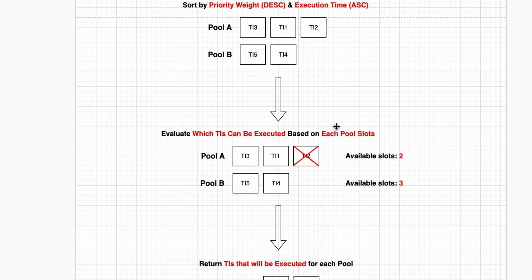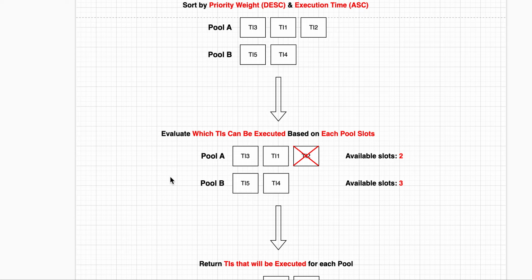After the sorting process, Airflow will evaluate which task instances can be executed on each pool. Note that each pool has its own available slots. This example shows that on pool A, task instance 2 cannot be processed further since the available slots for pool A is only 2, meaning that the maximum number of task instances on pool A is 2.